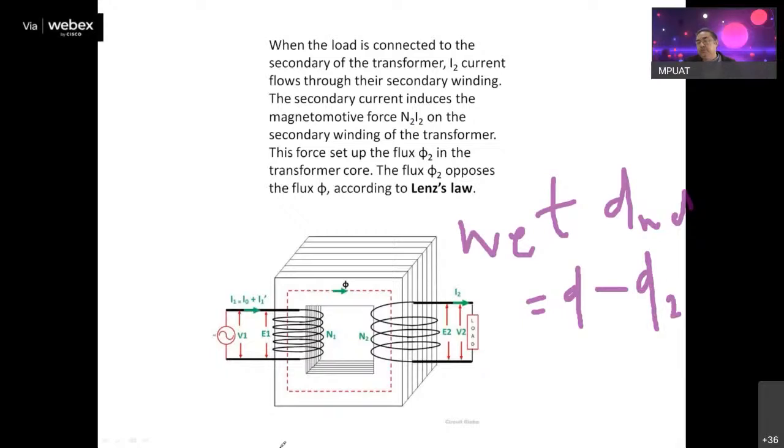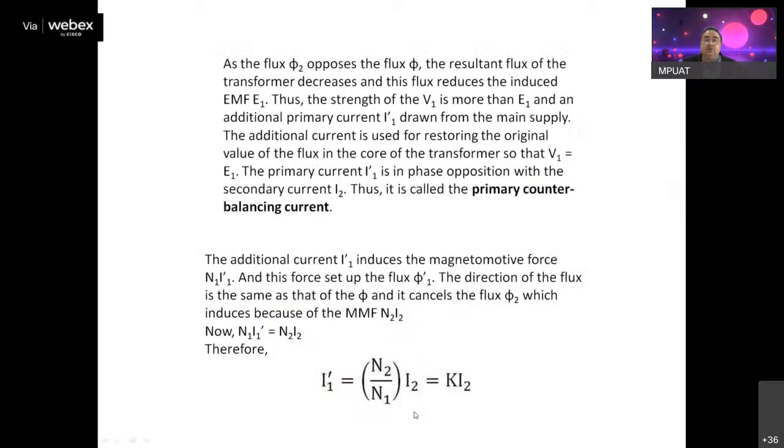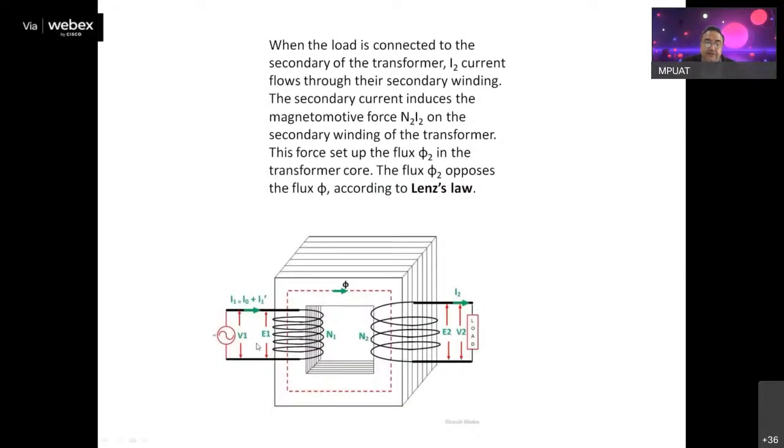So this will be the net flux. Now the flux linking is less in comparison to the previous phi. So what happens? It will reduce. That's what I am saying, that E1 will reduce. Now what will happen when E1 reduces?